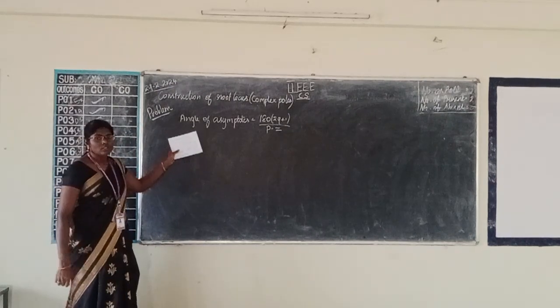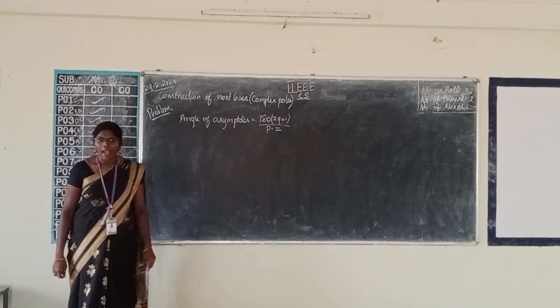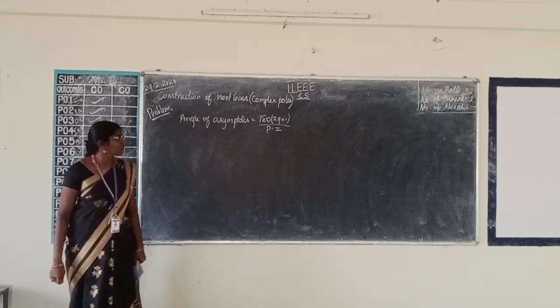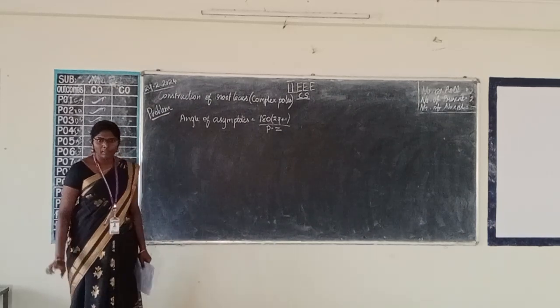Now listen, this is to find the angle of asymptotes. We know the formula: 180 into (2q plus 1) divided by (p minus z).